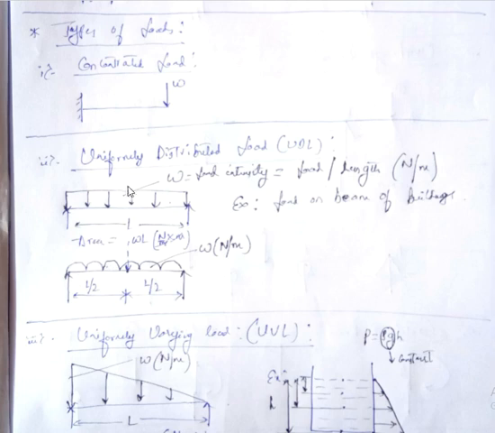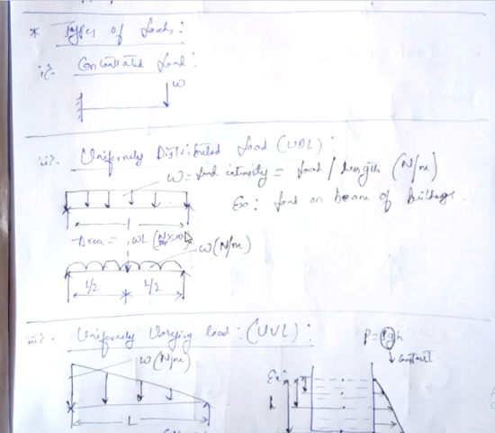Then what is uniformly distributed load? As the name indicates, if we consider this line as a beam, and the load is distributed uniformly along the length of the beam, then such a load is called uniformly distributed load.